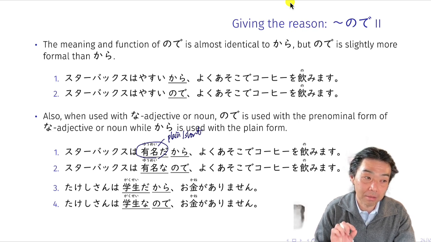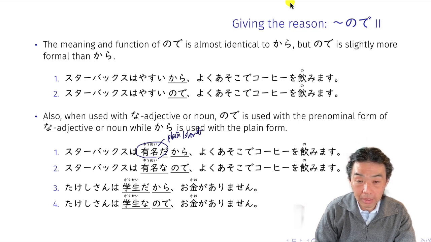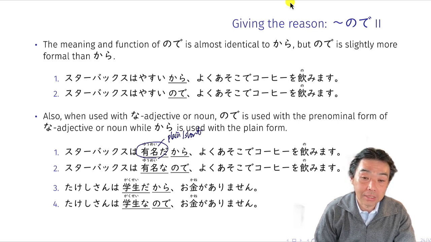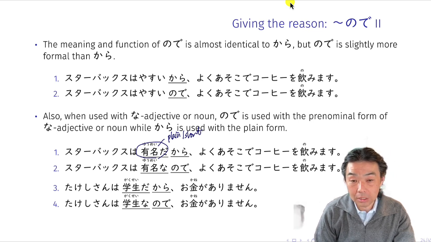Somewhat like the plain form of an adjective is not stable in Japanese. So you're going to see this a lot, but this is one example. Kara uses the more standard plain form or short form, 有名だ, but node uses na instead.